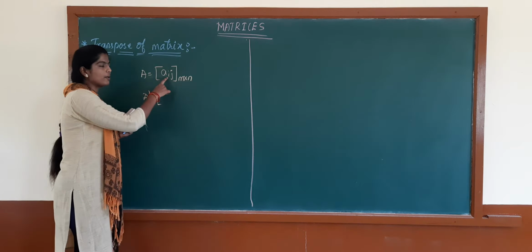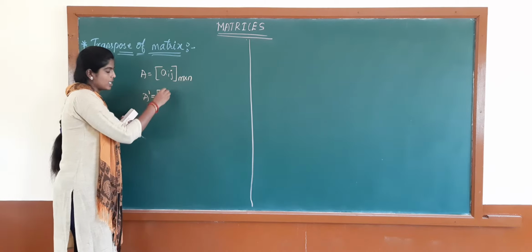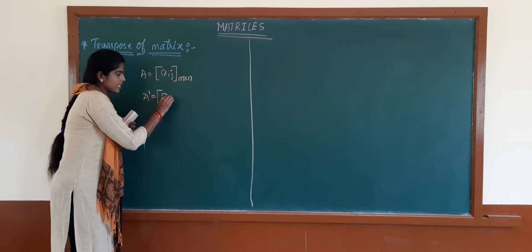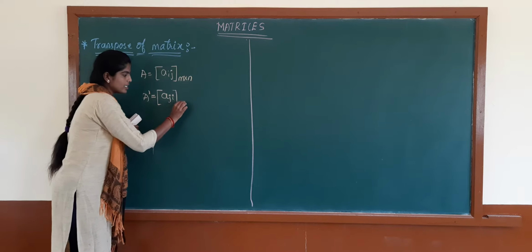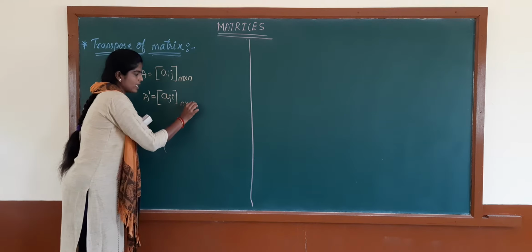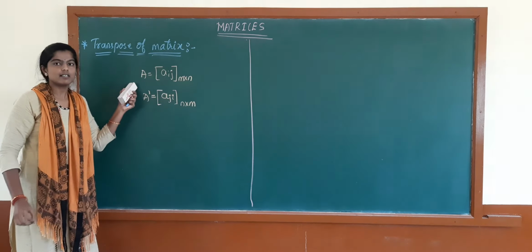So here the number of rows are I, number of columns are J. So it is interchanged, the number of rows and number of columns, and it is of the order N cross M. Then A dash is called the transpose of a matrix A.